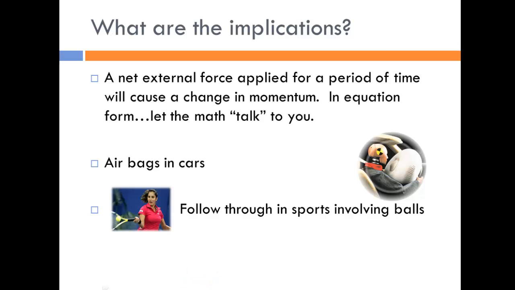So if we think about this in equation terms, and I like to use the phrase or the idea, let the math talk to you. So let's write out what that equation we just wrote down was, and we had force, and this would be the net force, times the time interval is equal to an object's change in momentum.